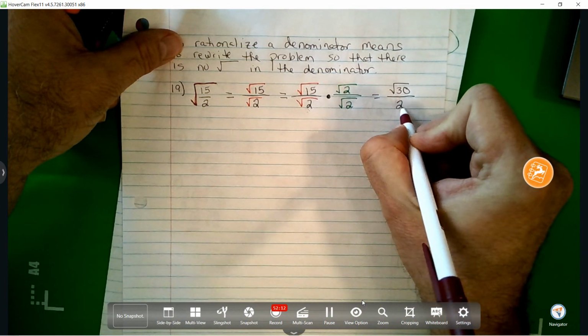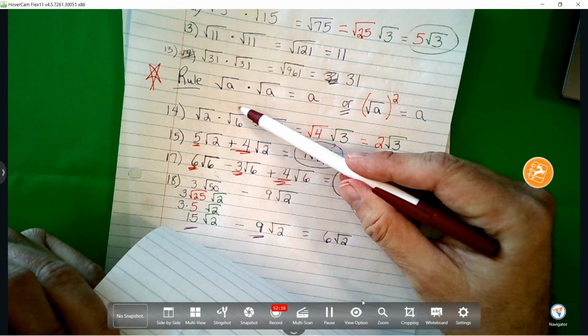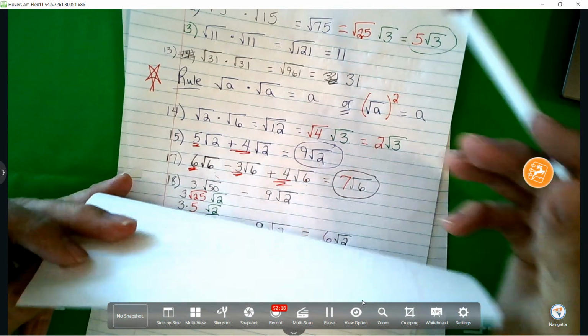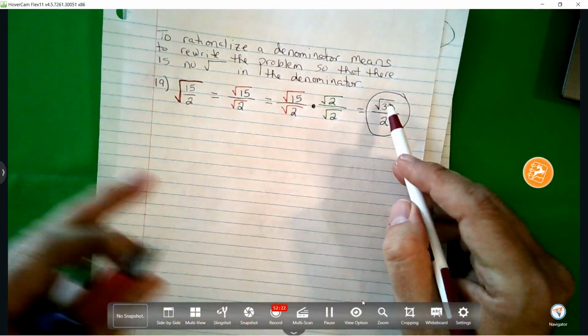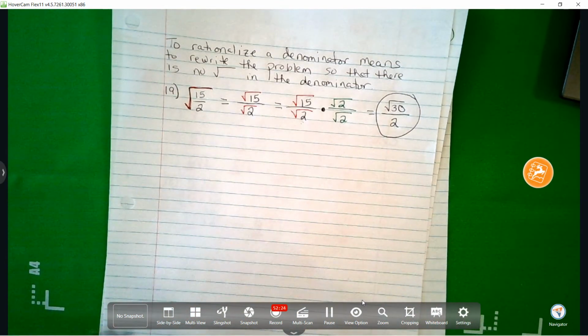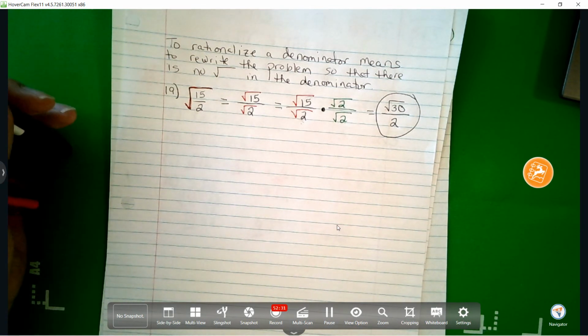Or you could just skip straight to 2. That's that rule that we have here, square root times itself. So square root of 30 all over 2. What we've just done is called rationalizing the denominator.